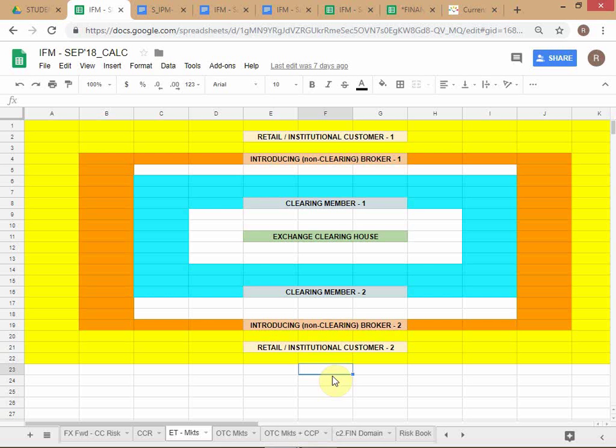So this transaction actually consists of two transactions. SK is selling and ECH is buying is one transaction, right? Then the second transaction is that ECH is selling and IB is buying, right?